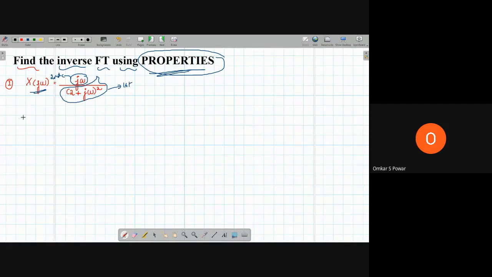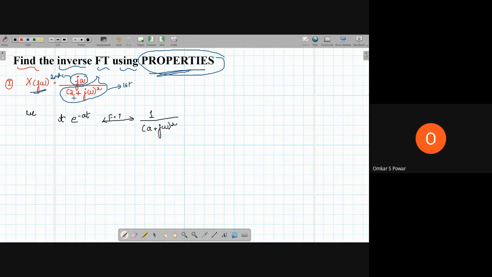The first one we can't really call a property. We know that the Fourier transform of t e power minus at u of t is 1 divided by (a plus j omega) the whole square. Just now I have done it.